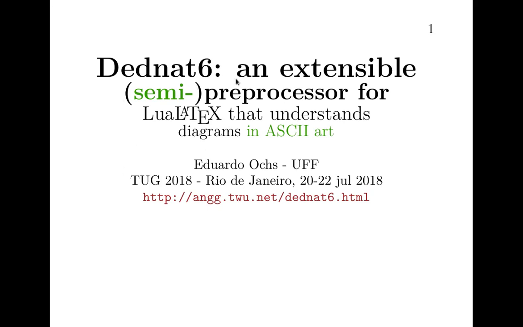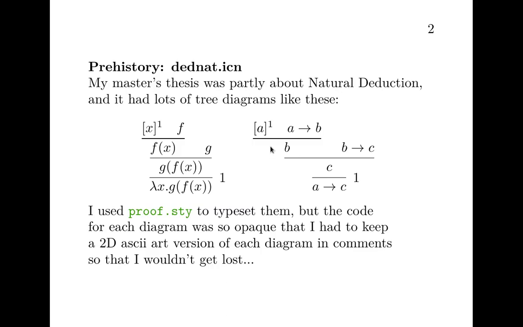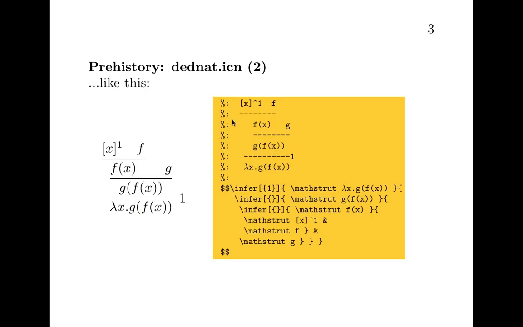And Dednat6 is an extensible semi-preprocessor for LuaLaTeX that understands diagrams in ASCII art, in the sense that when I have a text file that has this, and when Dednat6 is loaded, when I give the right commands, Dednat6 interprets this block here as something that defines this diagram.